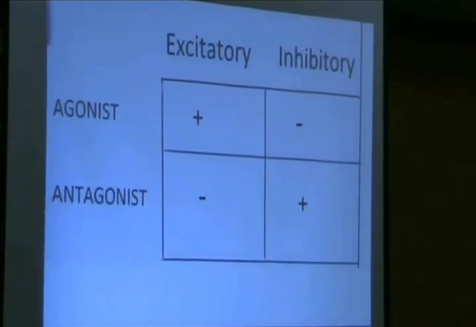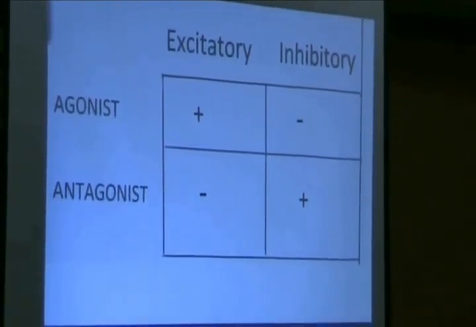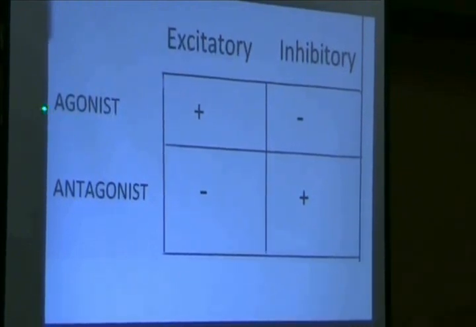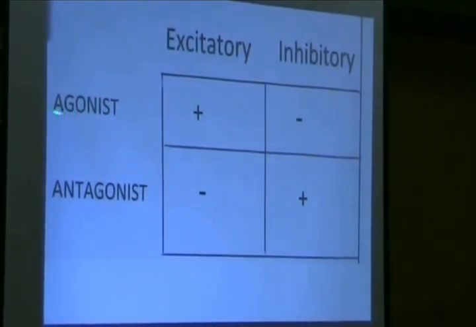An accelerator and brake kind of metaphor I think is okay. Now, you can have a drug, any kind of ligand, it can be a neurotransmitter, drug, or what have you, that's an agonist, and it binds with a receptor that is excitatory, then it's going to work to turn the cell on. That's the plus sign.